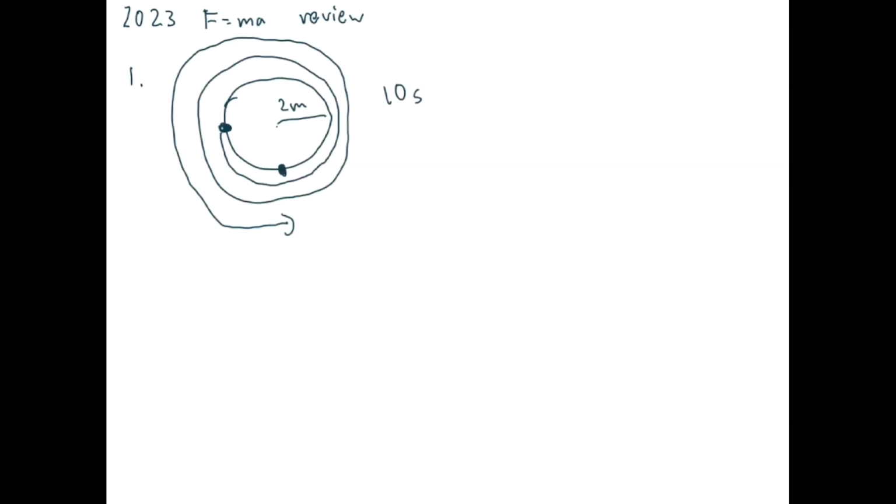So we want the average speed and the direction of its average velocity. So how will we do this problem?